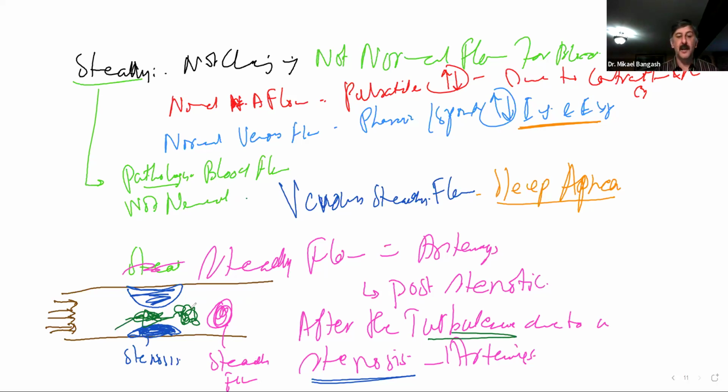What does it mean to be steady? That it doesn't increase and decrease as a result of the contraction of the heart. So if we see steady flow in arteries, it's going to be somewhere post-stenotic.